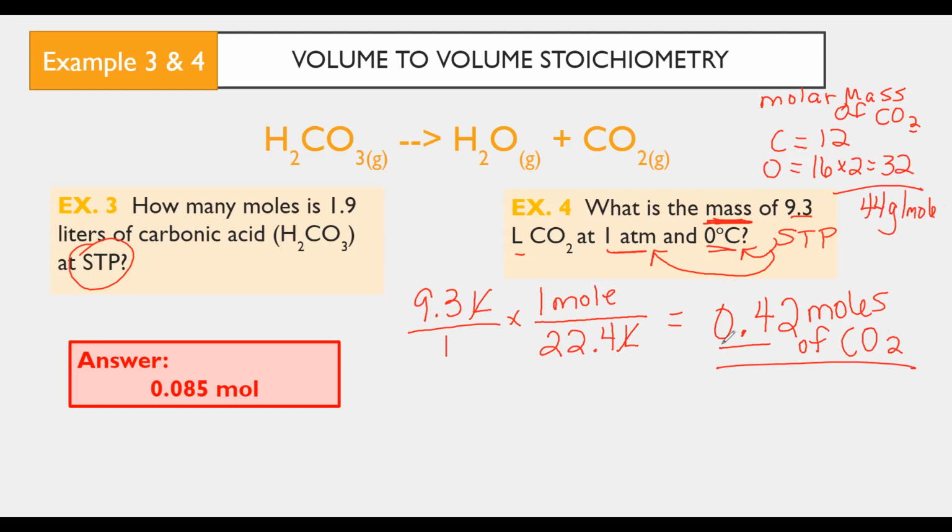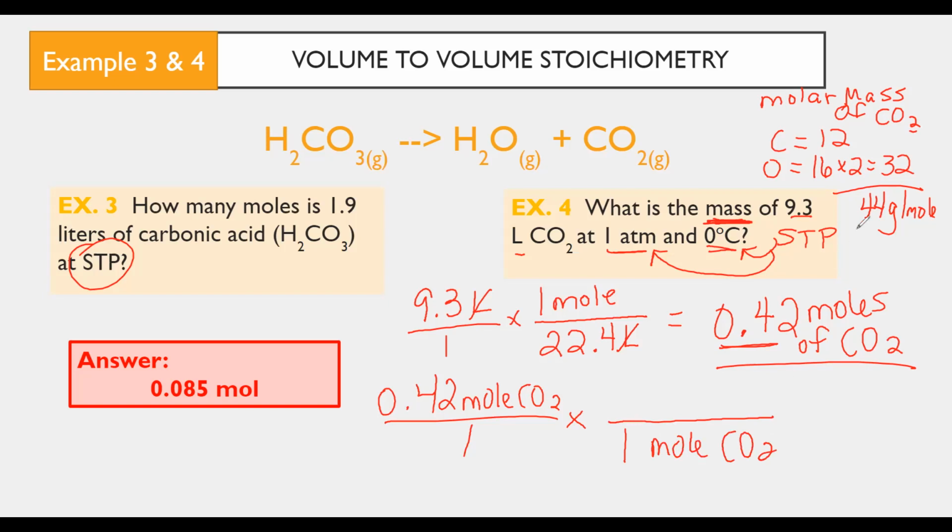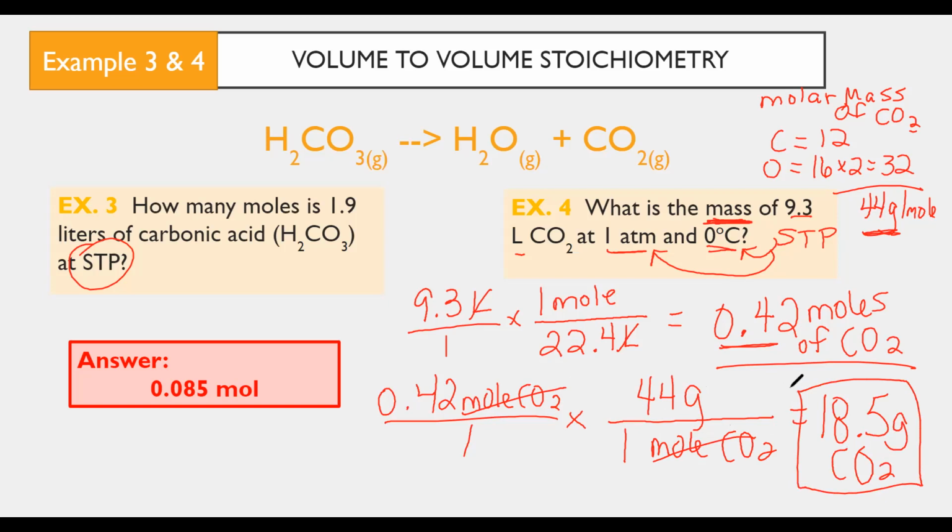We know we have 0.42 moles of CO2, and 1 mole of CO2 is equal to 44 grams. Cancel out moles, and you are left with 18.5 grams of CO2. So that's the final answer for that one.